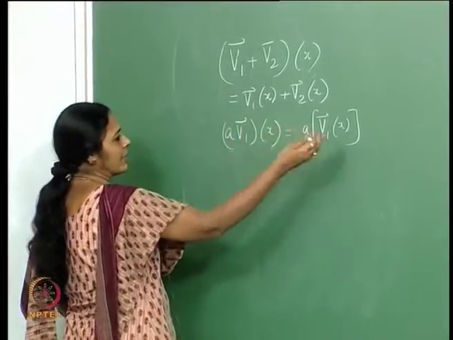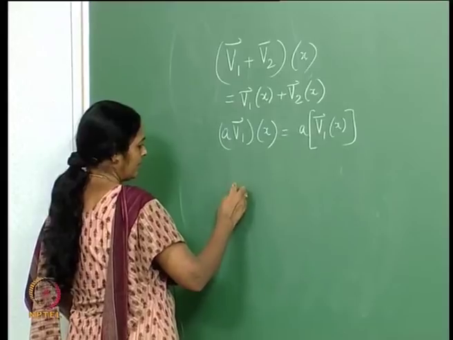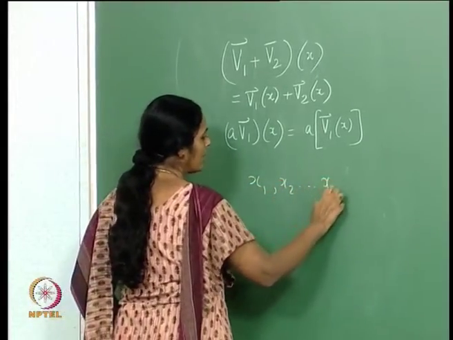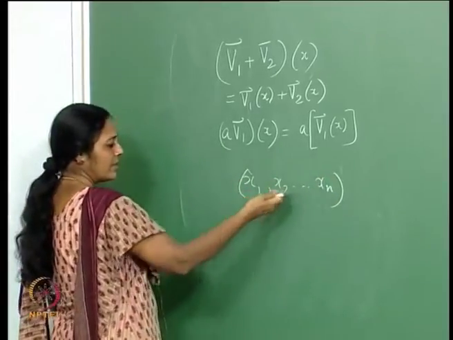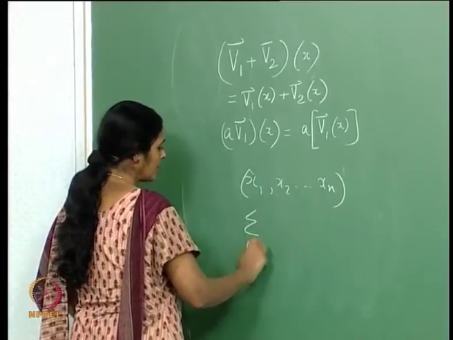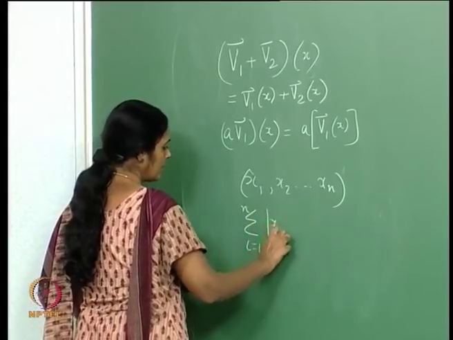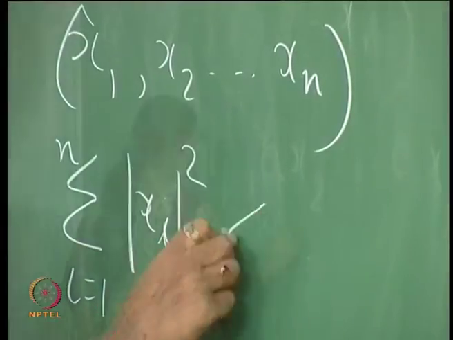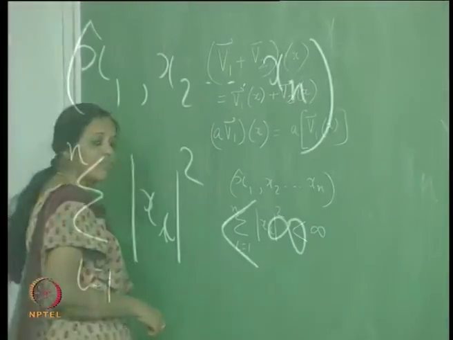There are some interesting linear vector spaces. Suppose you consider the string of numbers x1 to xn, the xi's being real, and suppose the summation i equals 1 to n of mod xi squared is finite.